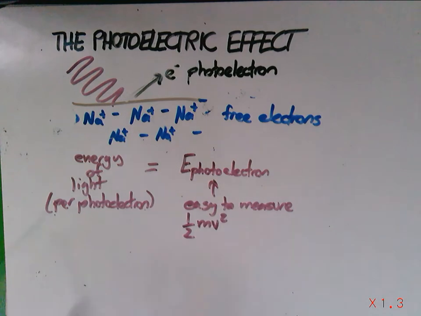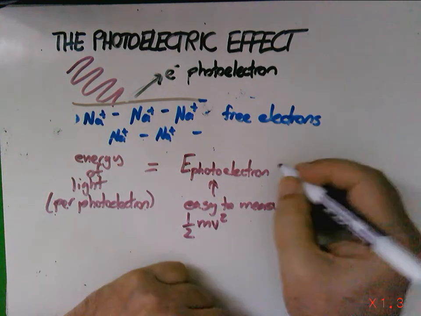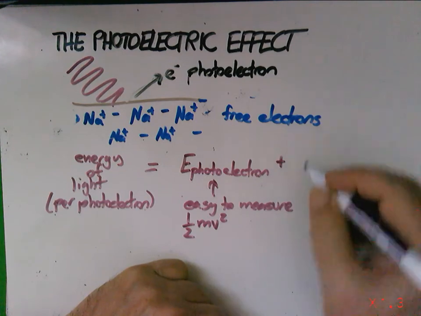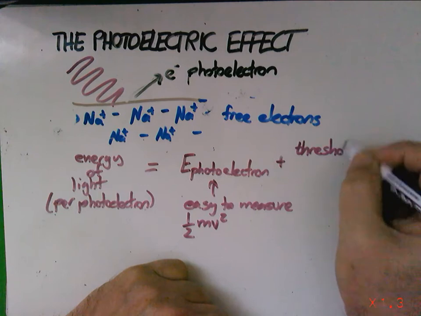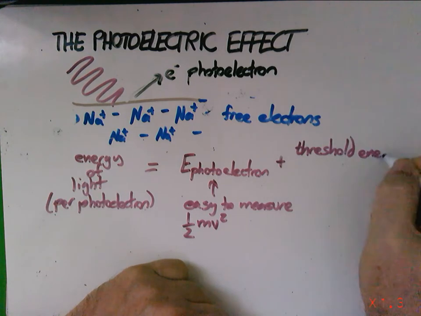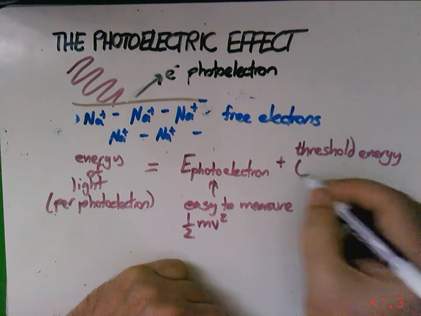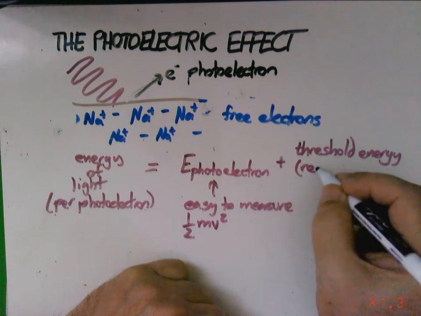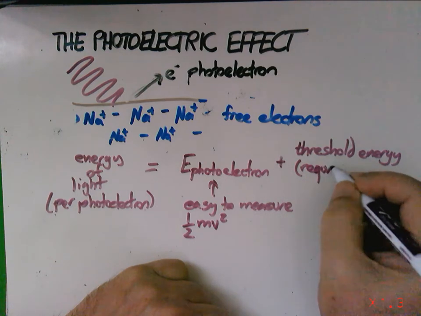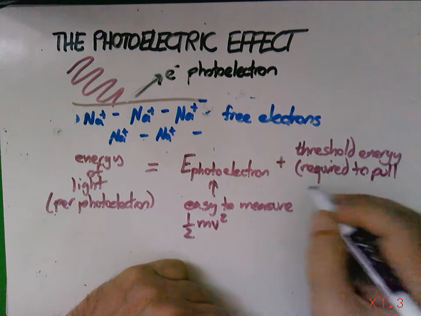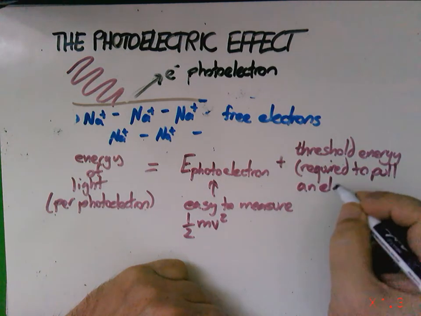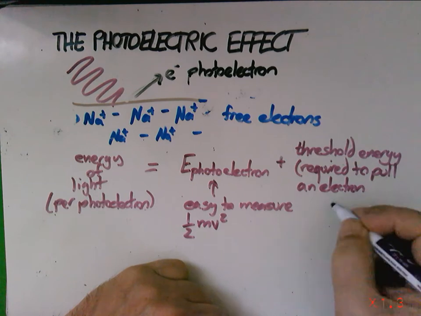So you're going to have to put some energy in there to get that electron out. We're going to call that the threshold energy. It's the energy that's required to pull an electron out of the metal.